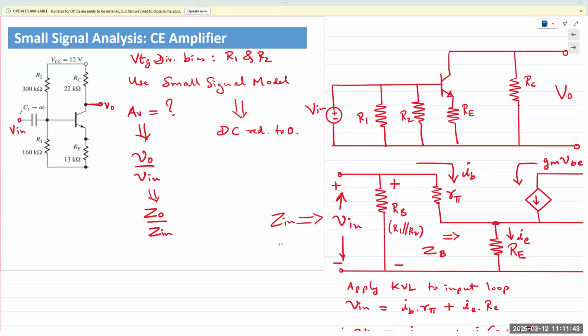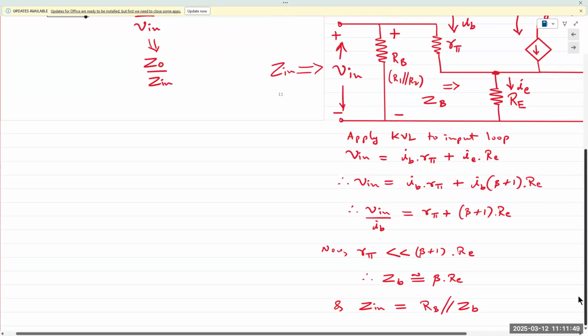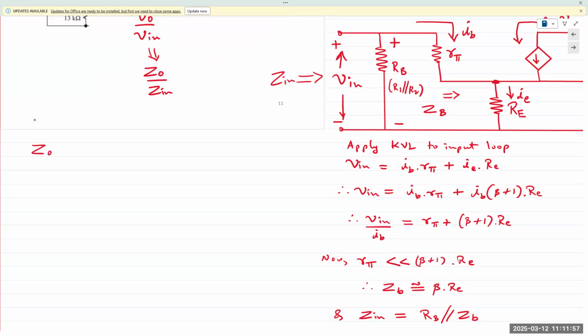All right, let's see. So we stopped here on the input side. Let's go to the output side. All right, so output impedance ZO can be determined by setting V in equal to 0.